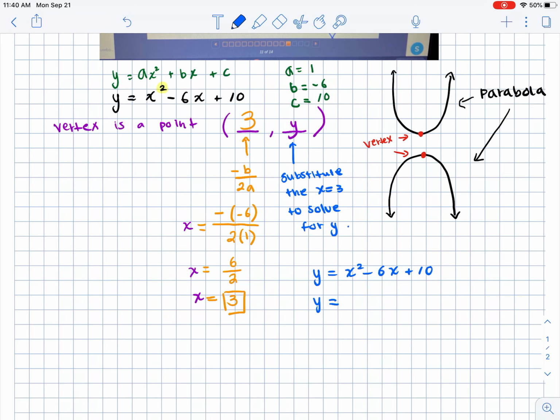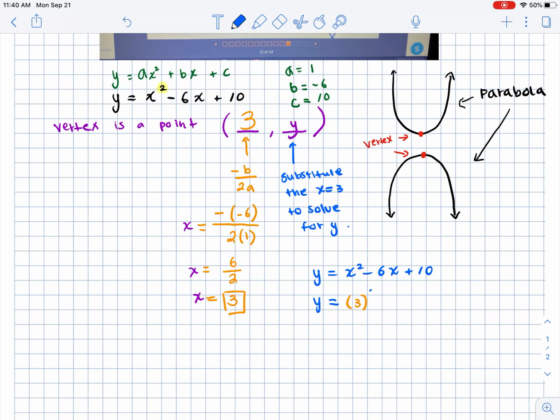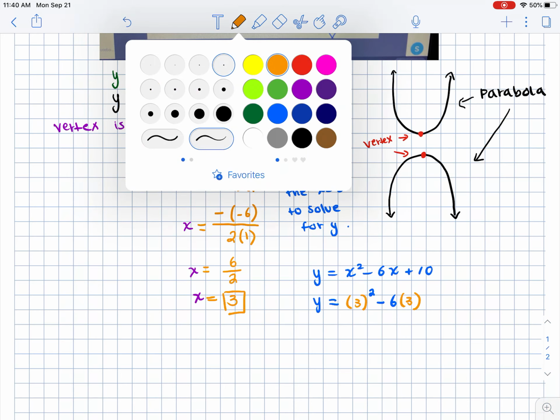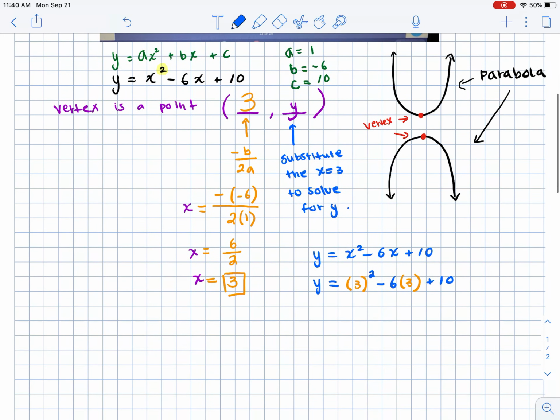So y equals 3 squared minus 6 times 3 plus 10. Now on the right side of this equation, they're all numbers, so I'm going to simplify everything so I get y equal to a number.